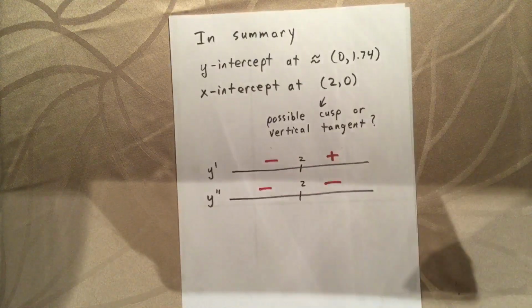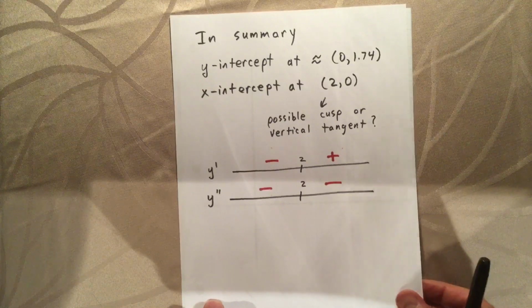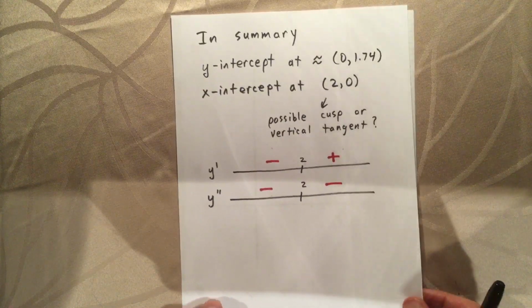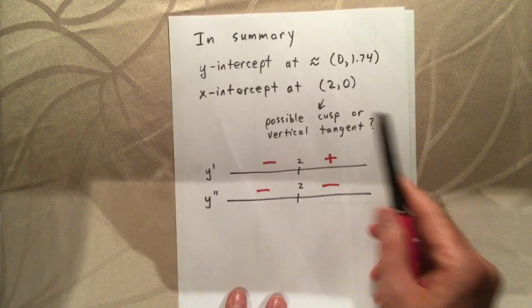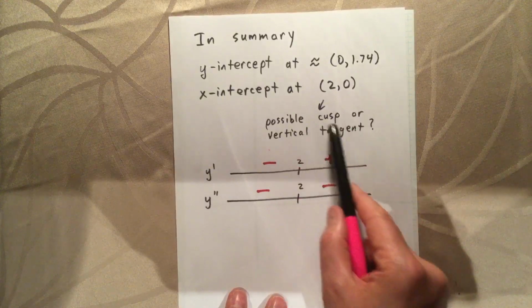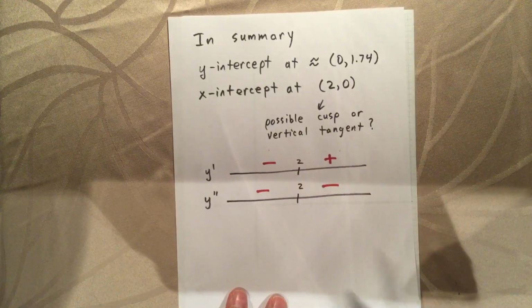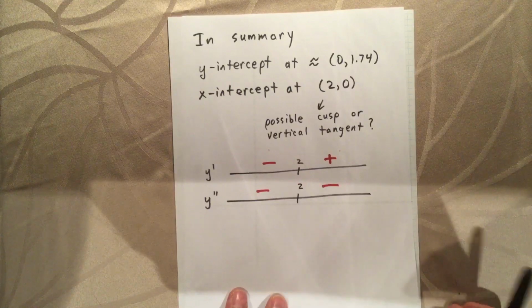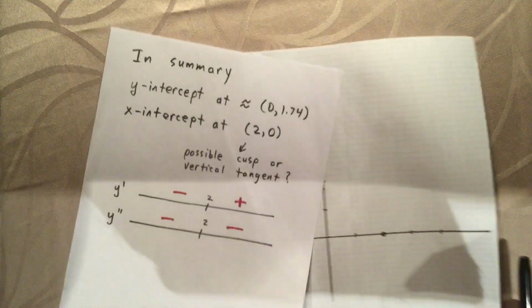In summary, we've got an x-intercept at approximately 0.174, a y-intercept at (0, 1.74), and an x-intercept at (2, 0). In our mind, we're saying we might have a cusp or vertical tangent there. Let's see what happens with our increasing, decreasing, and concavity.